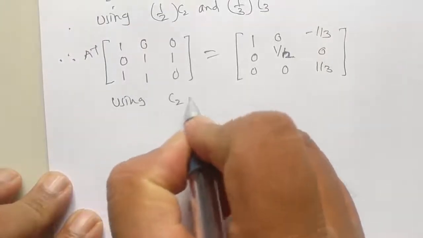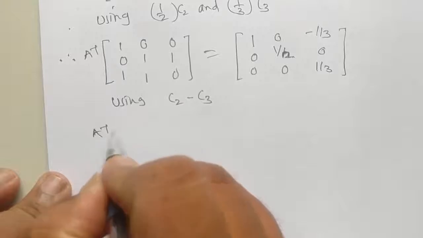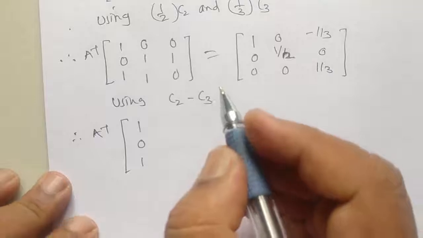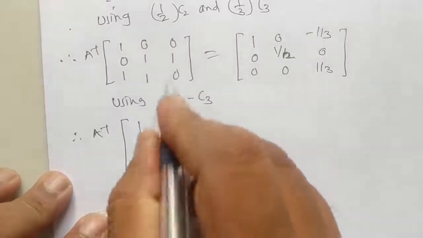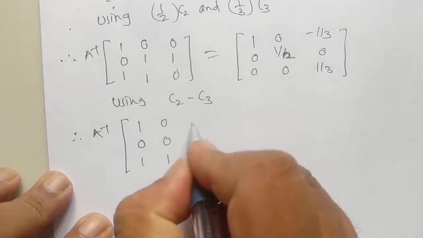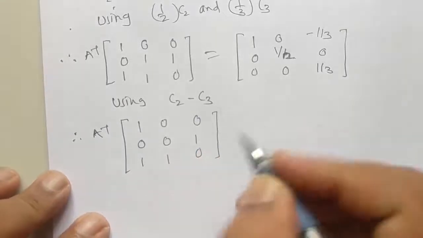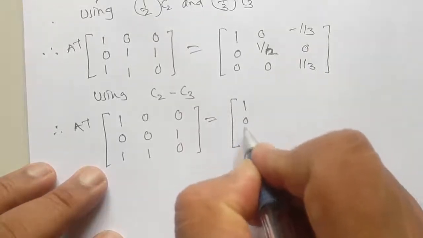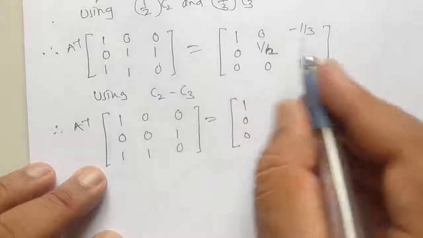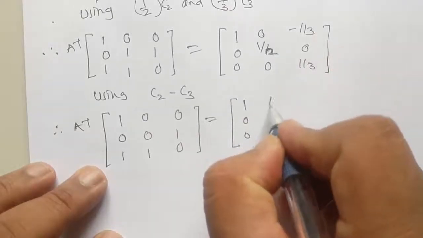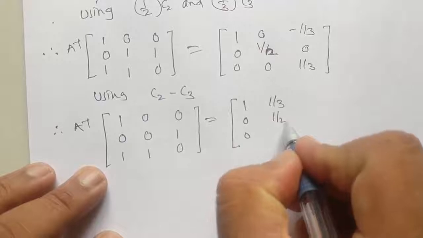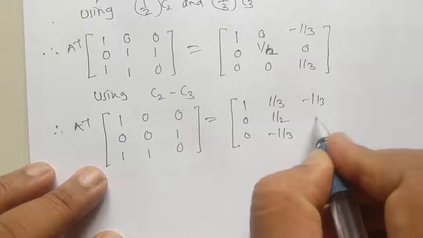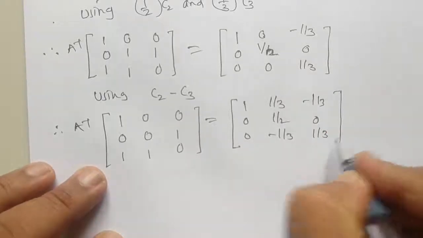Using C2 minus C3, A inverse has no change in column number 1, 0, subtracting this we get 0, 1, no change in column number 3. I is equal to: similarly the first column is no change, 1, 0, 0, the second column we subtract column number 3: 0 minus 1/3 is minus 1/3, 1/2 minus 1/3, 0, and the third column is 1/3.